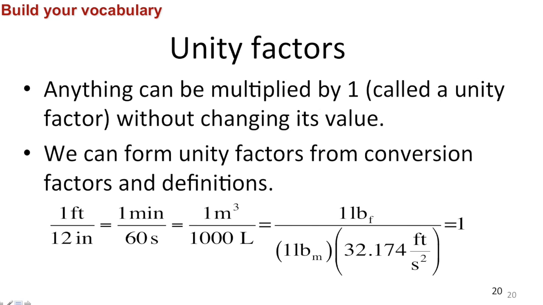A unity factor is basically a ratio of two quantities that are equal to each other. And the two quantities may use units in the same unit system, for example, both SI units or both USCS units. Here we have 1 foot equals 12 inches, 1 minute equals 60 seconds, and 1 cubic meter equals 1,000 liters, etc. And these things are all equal to each other, so the ratios are essentially unity.